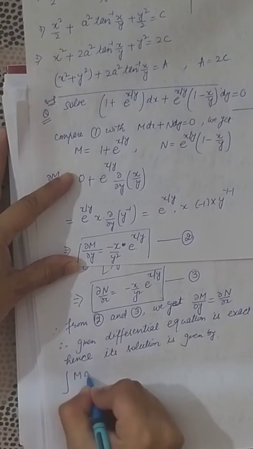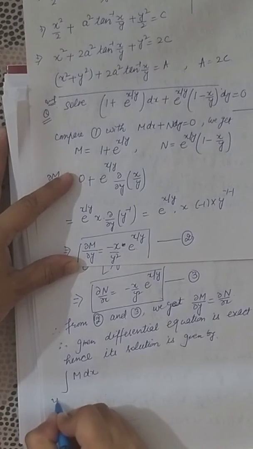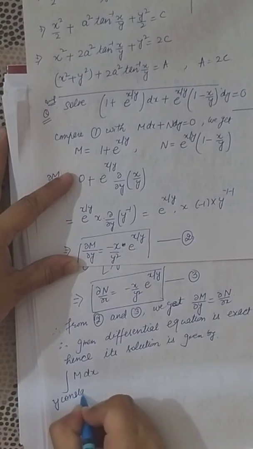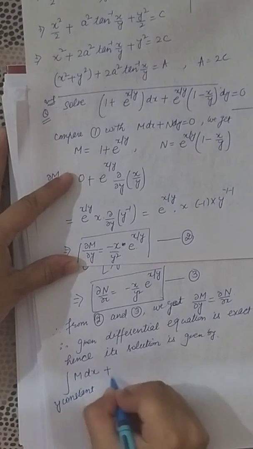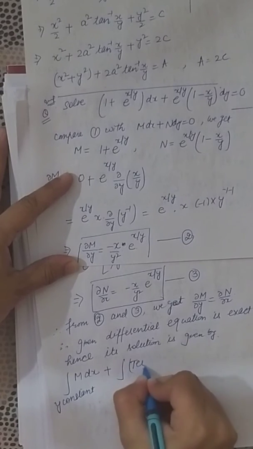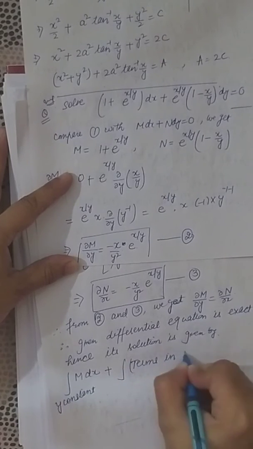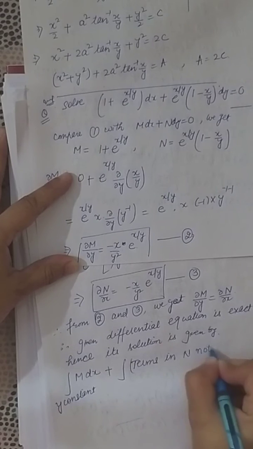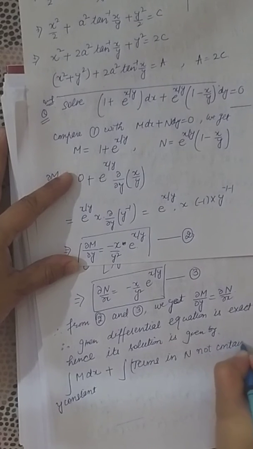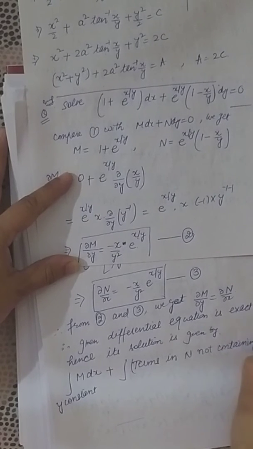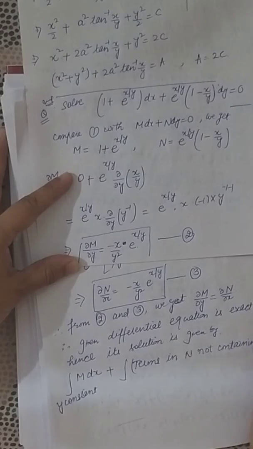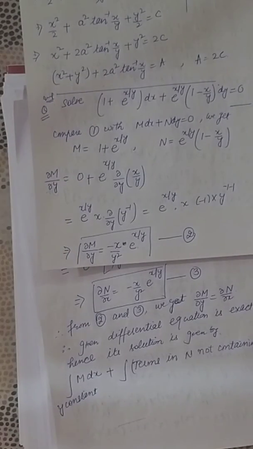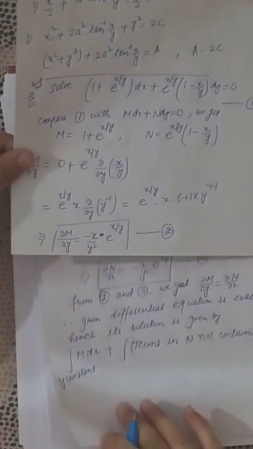integral m dx taking y as constant plus integral of terms in n not containing x dy equal to c. Now this was the equation.